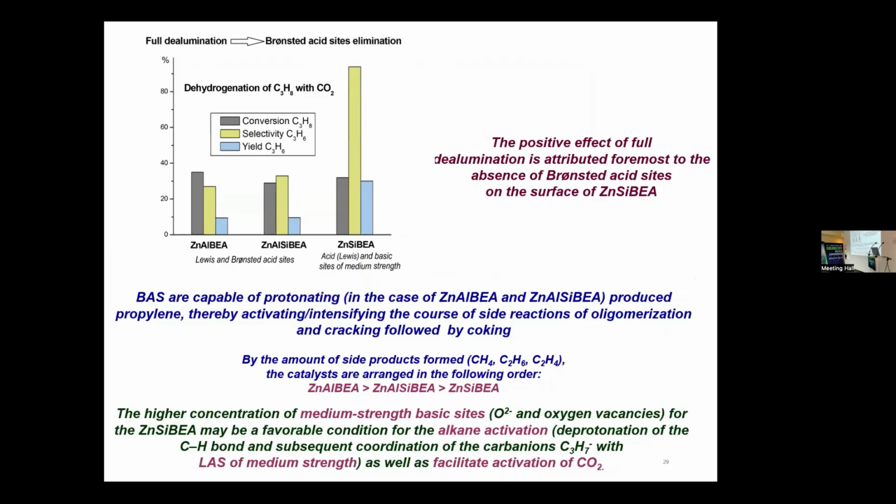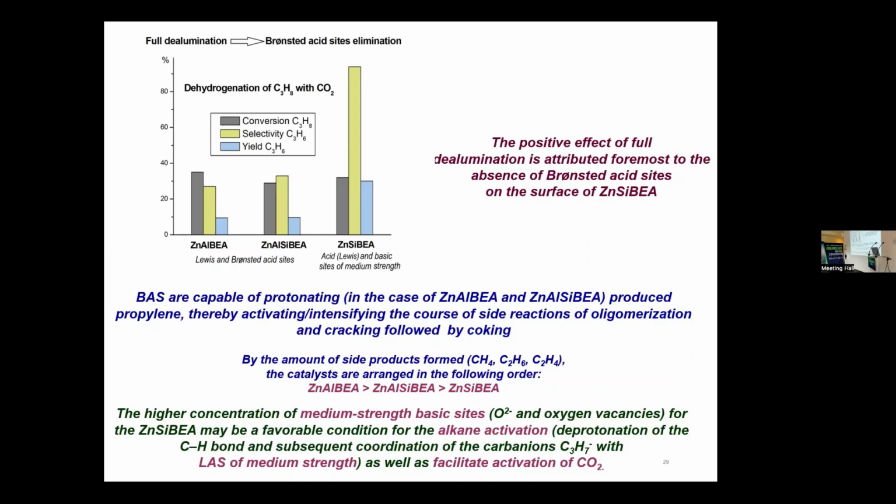So in the result of dehydrogenation of propane with CO2, we can see that selectivity to propylene is very important. It's 90%. In contrast, in the case of these two catalysts with aluminum, there is not a good catalyst, because for us more interesting is the formation of propylene.